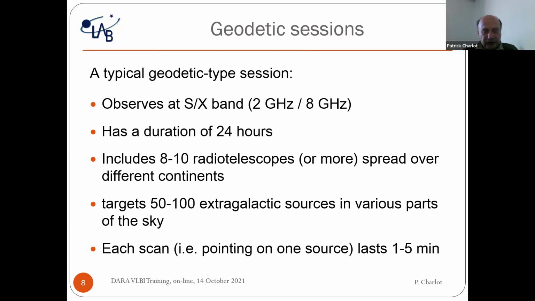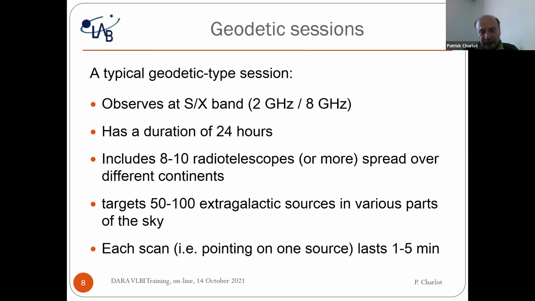You need to look at as many areas in the sky as you can, and this is needed in order to estimate the tropospheric parameters over the stations, because your measurement is also affected by the atmosphere, and you need to cover the sky above each station. Again, I will say more later.